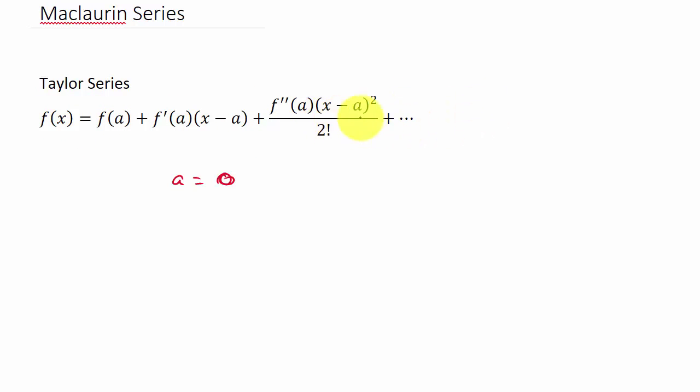This continues on, so the next term would just be f triple prime of a times x minus a cubed over 3 factorial plus, and then we'd go on to the fourth derivative and so on. So let's go ahead and take a look at an example.